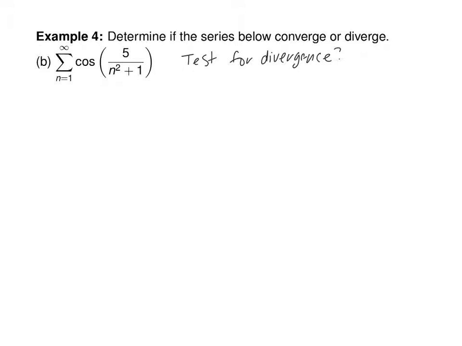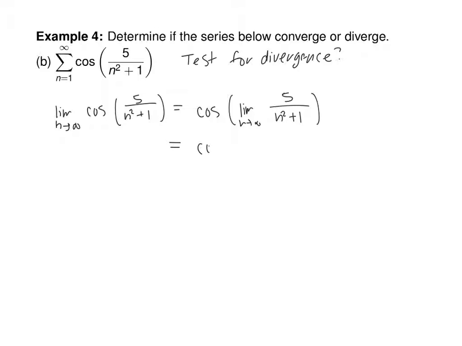And so the test for divergence says if the limit of the terms is non-zero, then the series will diverge because eventually you're adding up things that are very close to that number an infinite number of times, which will give you infinity. And notice as n goes to infinity, it can migrate inside that cosine, and that stuff inside the cosine goes to 0.